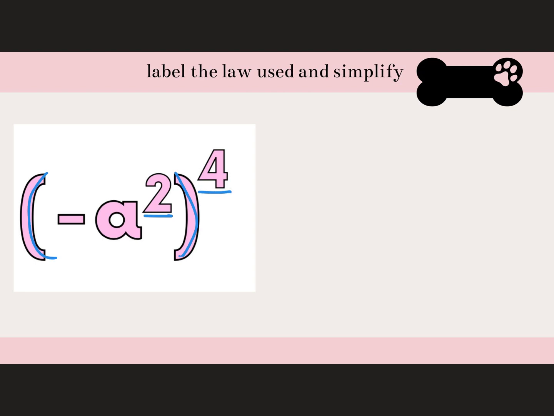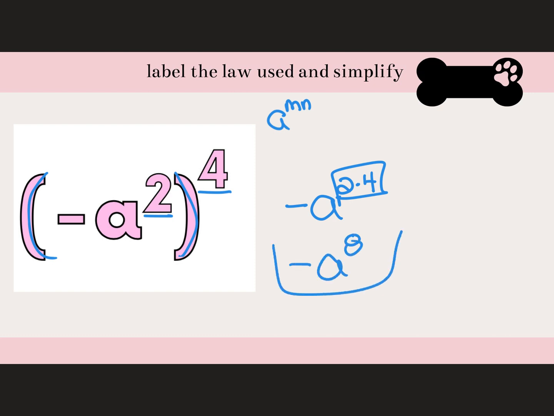So our power to a power rule says that we are going to multiply these exponents. So I have that negative a, and it's 2 times 4. Just multiply these exponents, and I'm left with negative a to the 8th power.